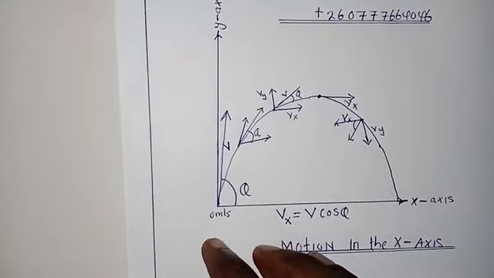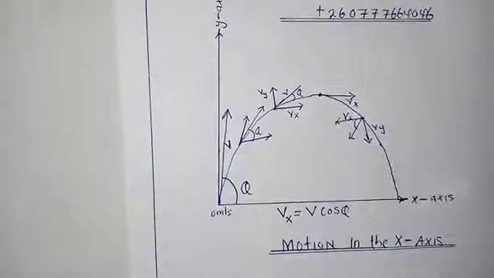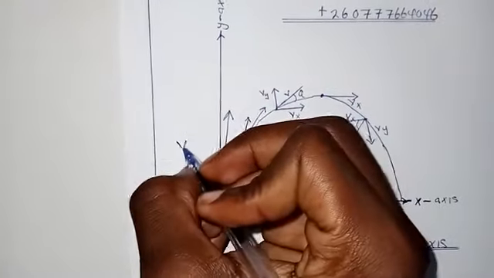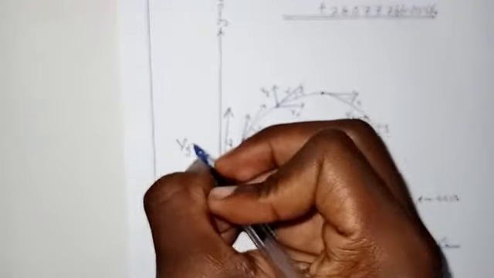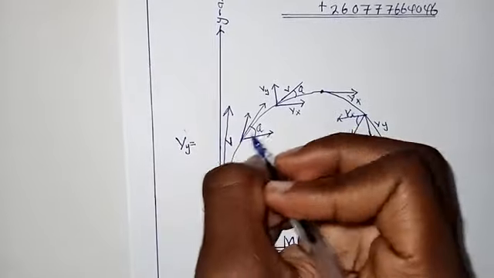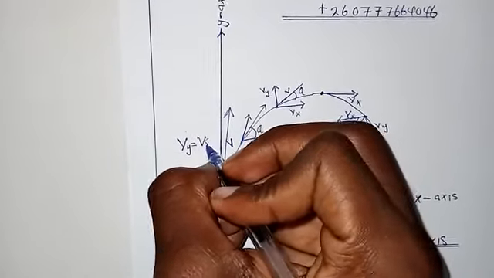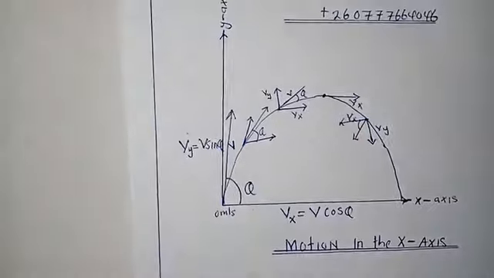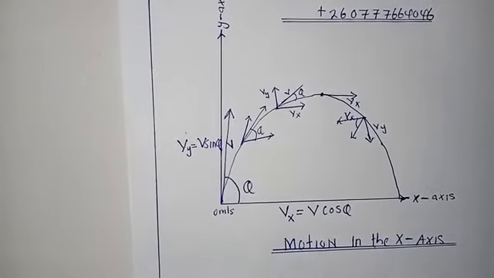The same thing in the y: vy equals this velocity times sine theta, where theta is simply this angle.